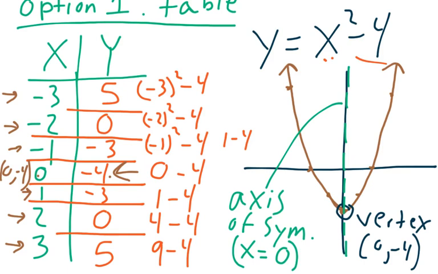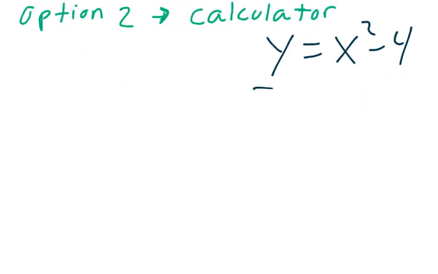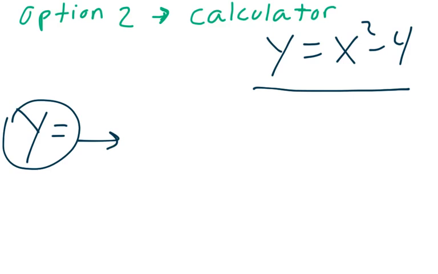By the way, you can also graph this with a calculator. If you want to save time and make it easier on yourself, you can do that as well. So let's say I wanted to graph this with my calculator. Well, what I could do is go to the y equals screen, so this button, and then type in, so you have the y1 equals, type in x caret 2 minus 4.